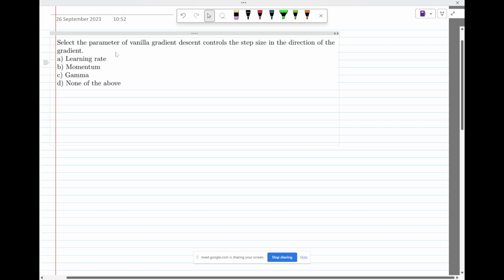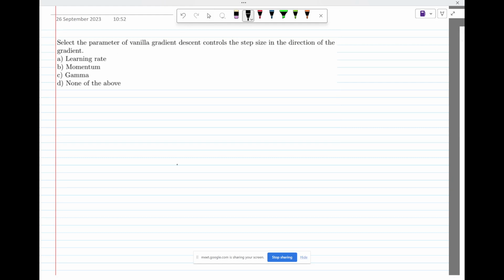So vanilla gradient descent works like this: you have Wt plus 1, which is equal to Wt minus eta times the gradient with respect to W. This is your cost function. J is your cost function, not your loss function.